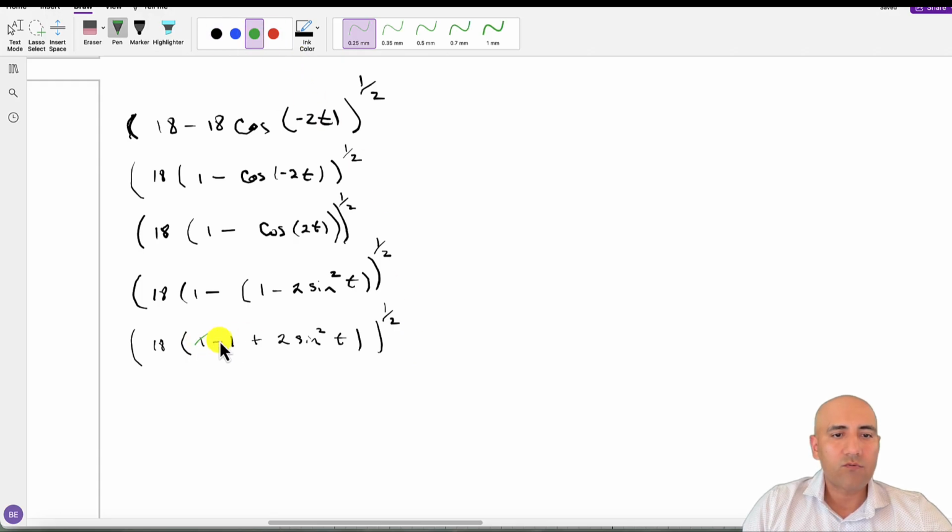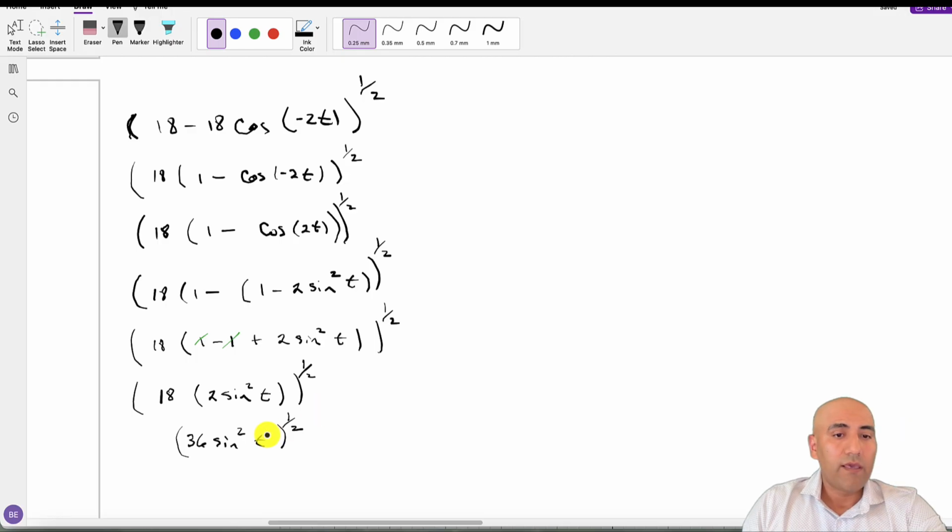The 1 and the minus 1 cancel to give me a 2 sine squared t. So I get 18 times 2 sine squared t, still inside that power of 1/2. And so now we get 36 sine squared t raised to the power of 1/2. And keeping in mind that we are only interested in t ranging from 0 to pi.